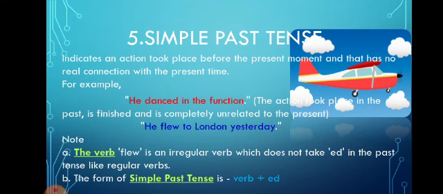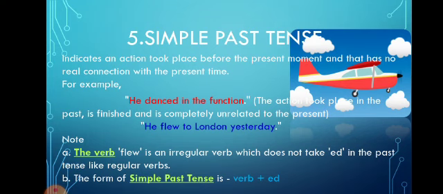Where did he dance? He danced in the function. Who danced in the function? He danced in the function. So the reality has nothing to do with the present because the action takes place in the past. Completely unrelated to the present.